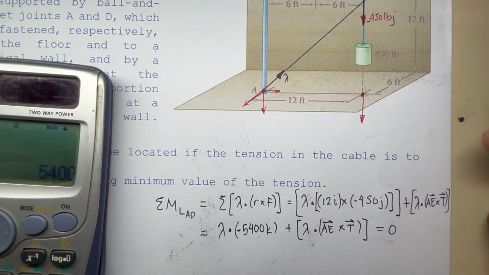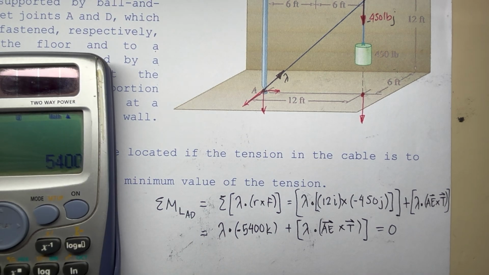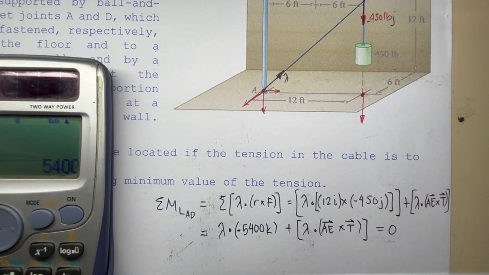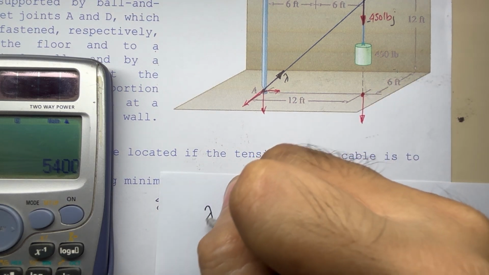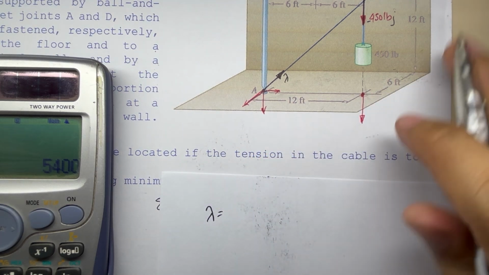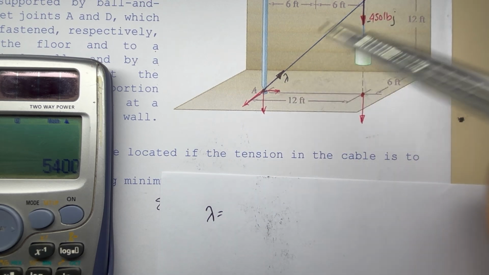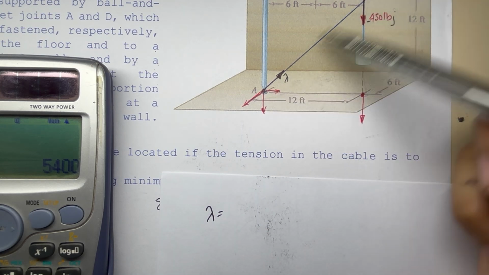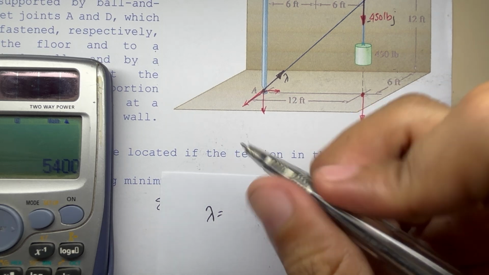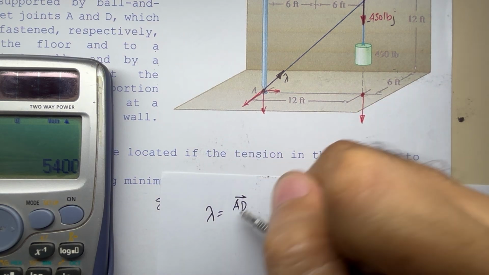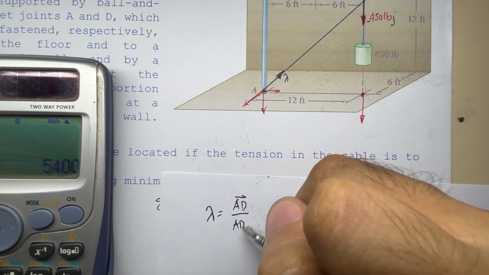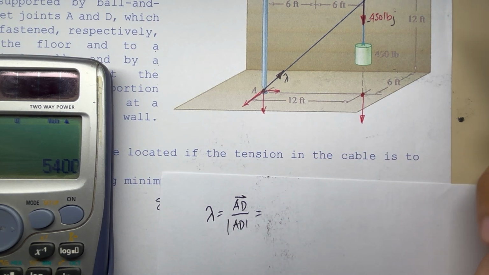Let's try solving for lambda before we proceed with this expression. Lambda is the unit vector that is along line AD, so it is equal to vector AD over the magnitude AD. What is our vector AD?